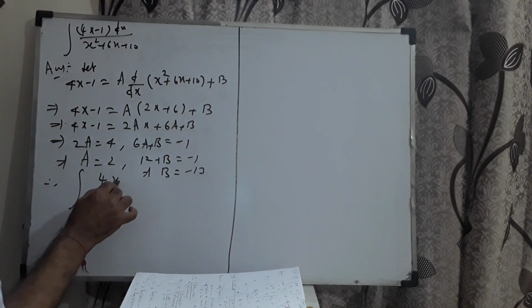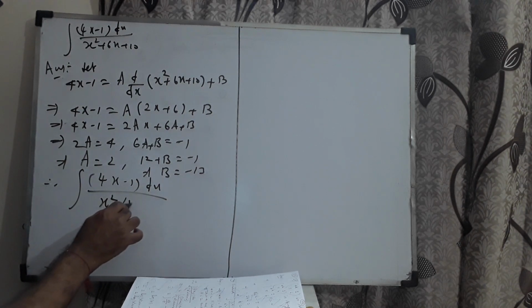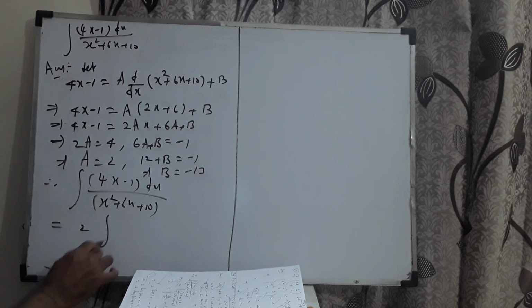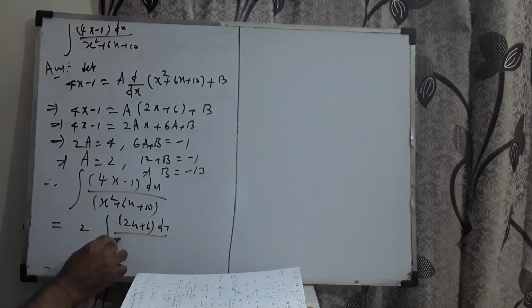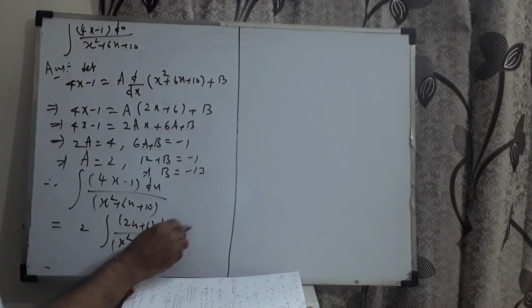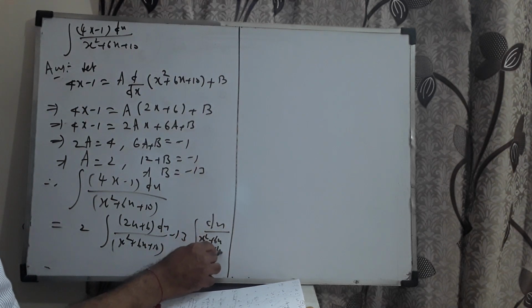Therefore, my integral now becomes: integral of (4x minus 1) dx by (x square plus 6x plus 10) is equal to 2 times integral of (2x plus 6) dx by (x square plus 6x plus 10) minus 13 integral dx by (x square plus 6x plus 10).